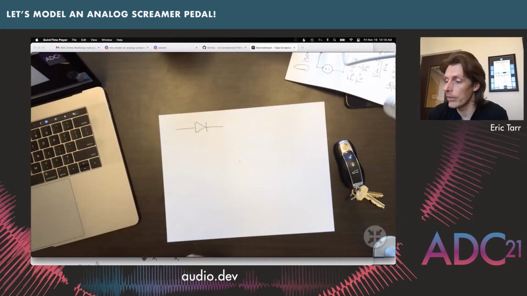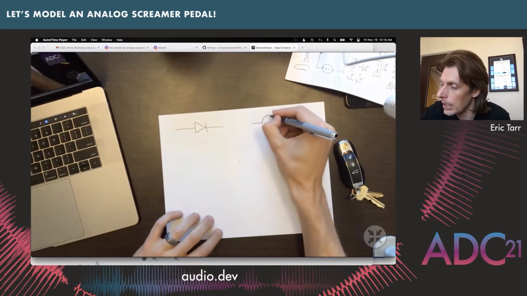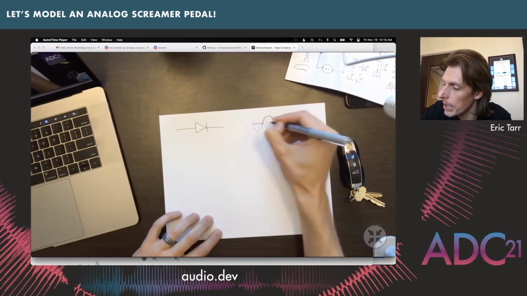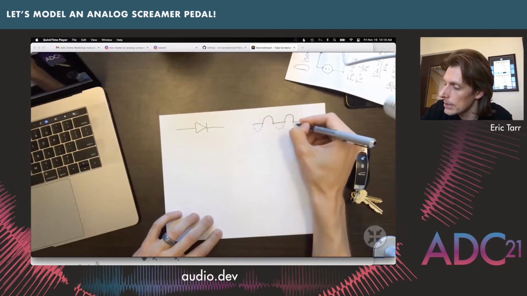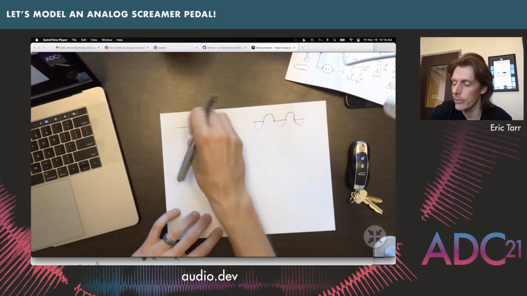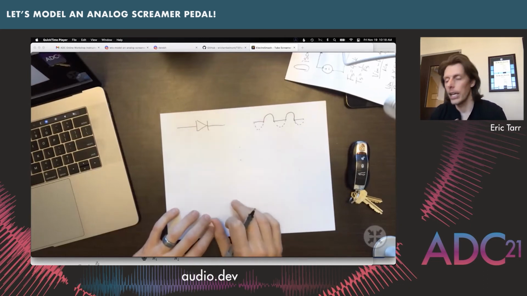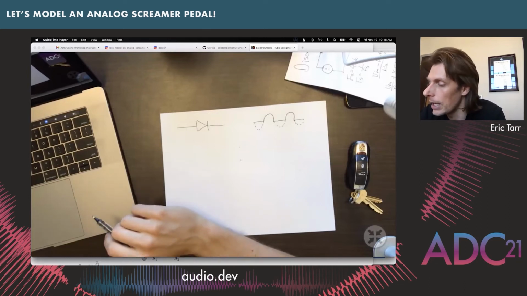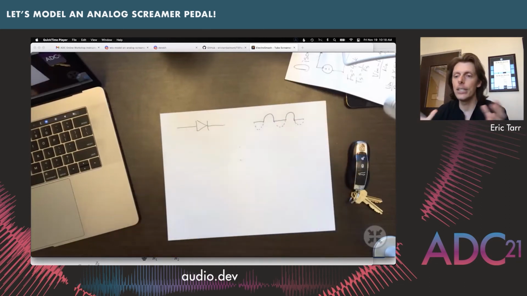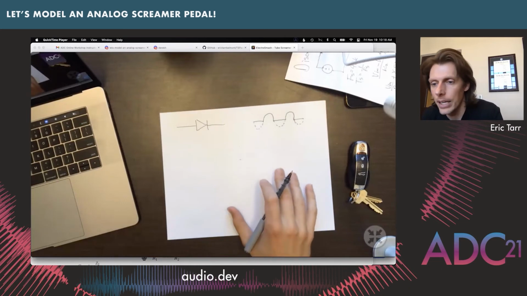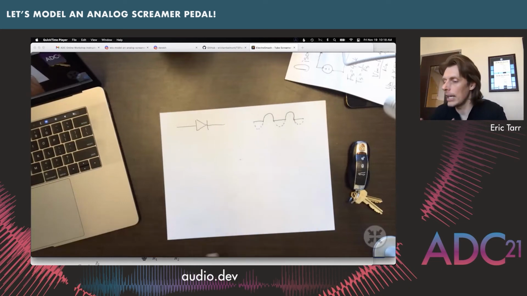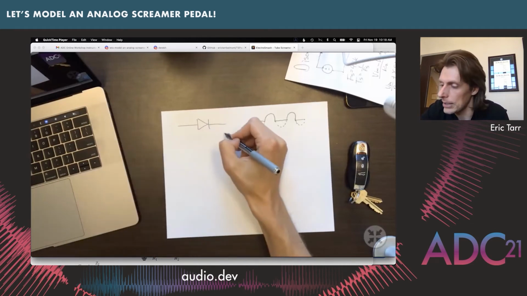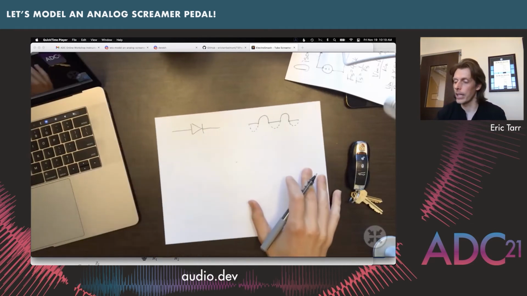So it acts essentially like a full wave rectifier, where things that are negative end up getting clipped off and things that are positive end up getting clipped off. Depending on the configuration, it can either clip off the positive parts or the negative parts. This is kind of an ideal case of the diode and how it works if we were to connect it with a resistor and look at the behavior like that.